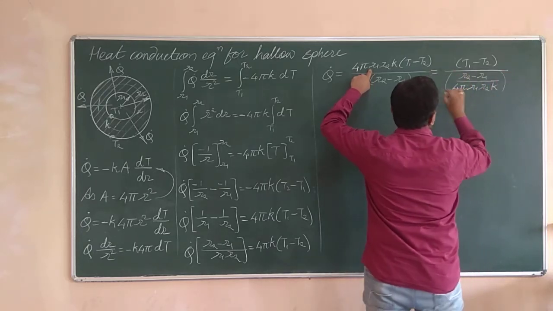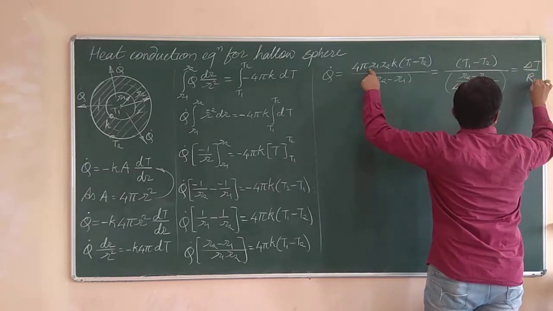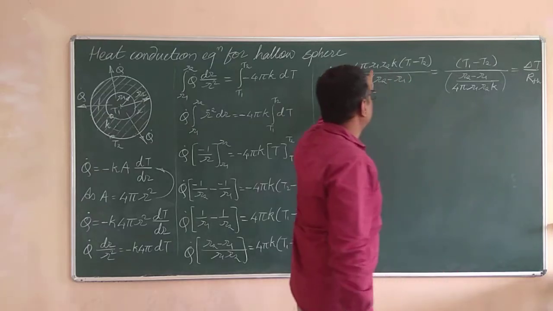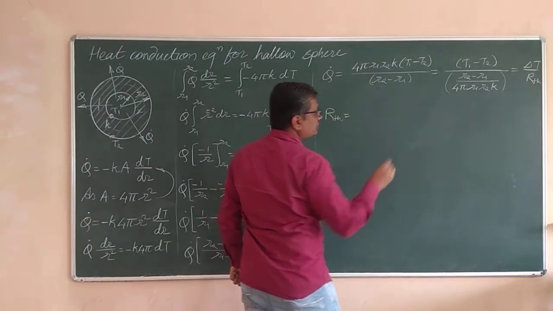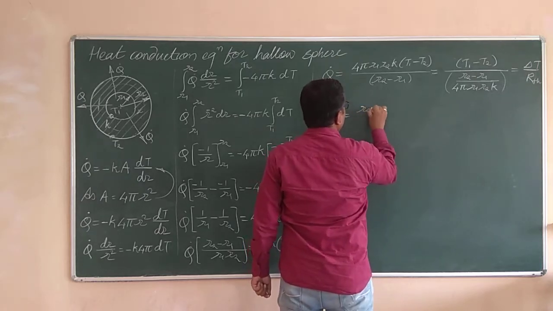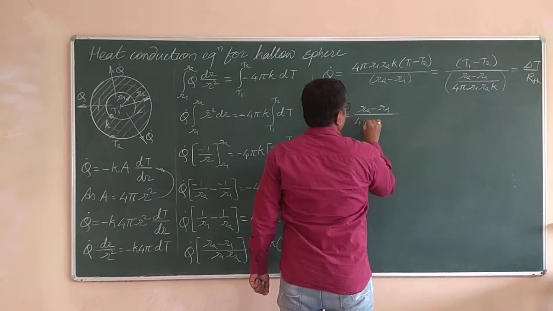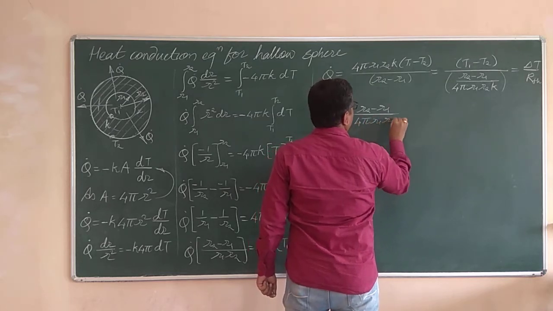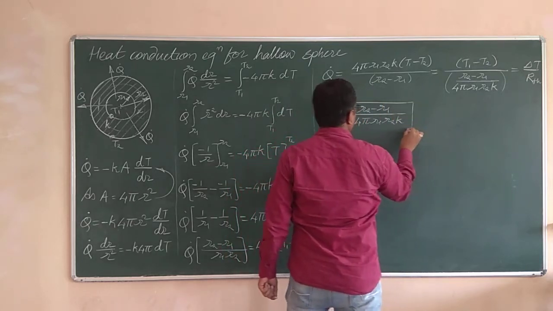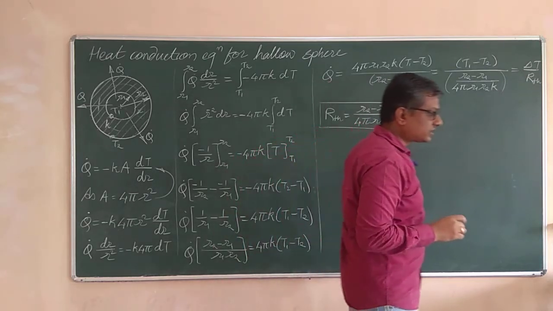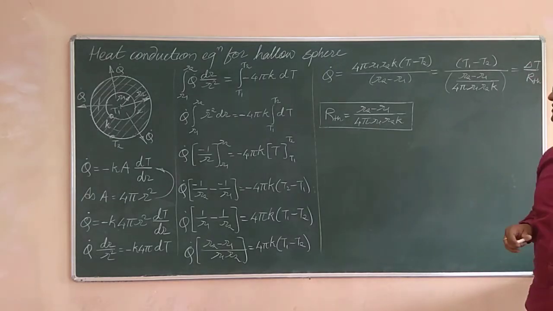If I equate it to delta T by R thermal, what will I get for R thermal? R thermal equals R2 minus R1 whole divided by 4 pi R1 R2 into the term k. This is the equation for the thermal resistance of a hollow sphere.